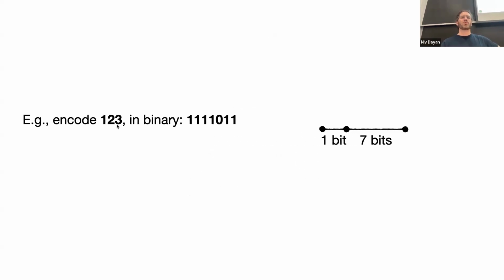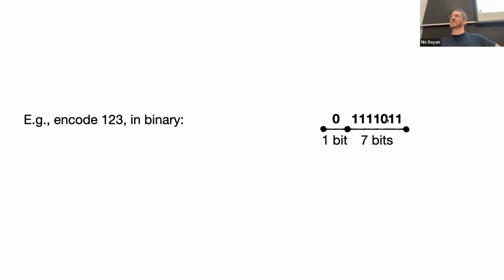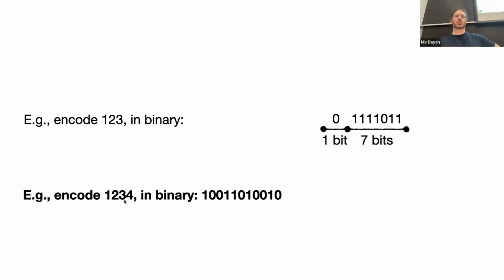Imagine we're trying to encode 123. In binary, it looks like this. This is just 7 bits, so there are no additional bits, and we just use 1 byte to encode this. On the other hand, let's suppose we're encoding a larger number. That's the binary representation for this number.